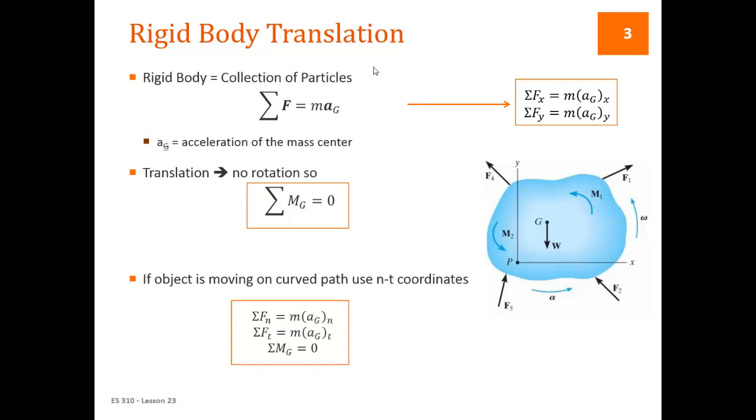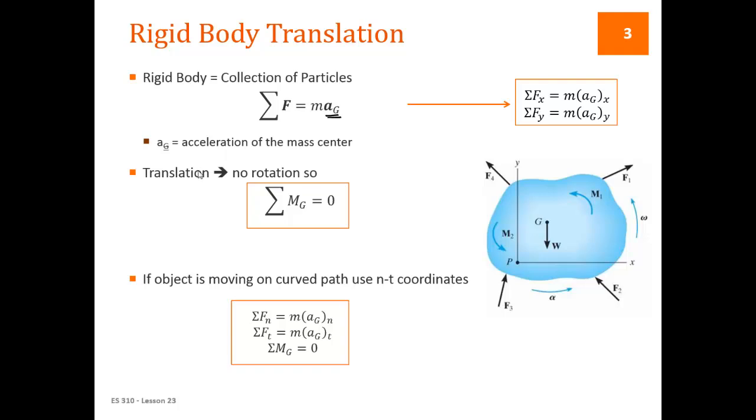We're going to do the same thing here, except now we have a collection of particles, which is really a rigid body. And so we will say that the sum of all of the forces is equal to the mass times the acceleration in the x and y directions of the center of mass. And it's very important to realize that this is of the center of mass, not of any arbitrary point on the body. It has to be of the center of mass.